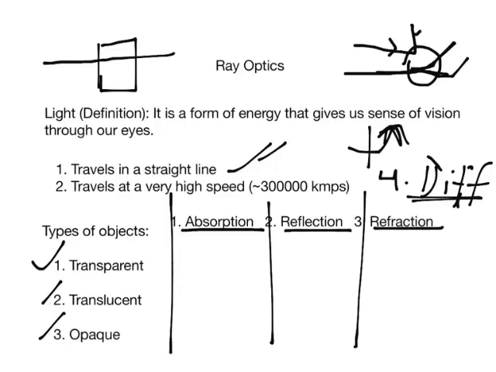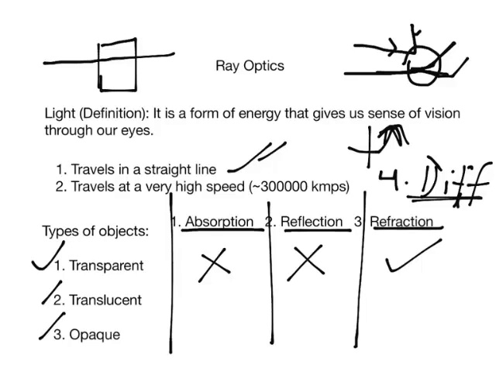An ideal transparent object allows light to pass through it completely. So there is no absorption, there is no reflection, and there is refraction, because it has to do with light passing through an object.